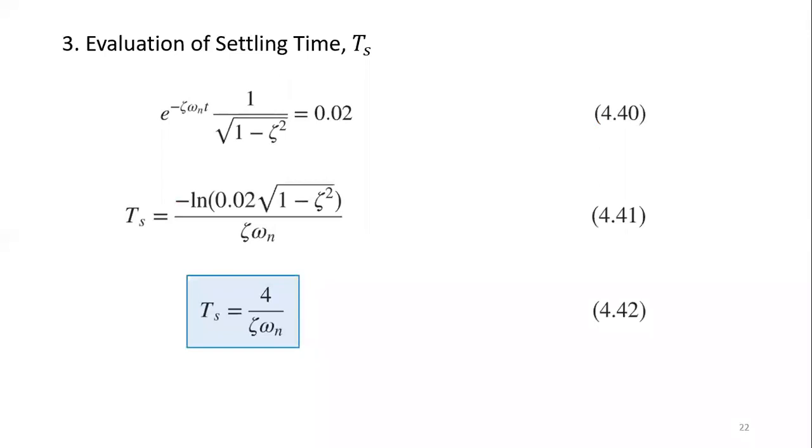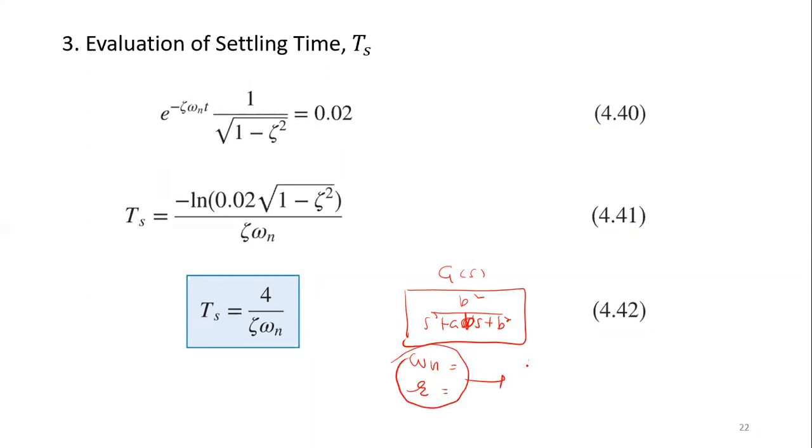So how is the settling time found? Again, you know a system and you know the transfer function. From the system, you know what the natural frequency and the damping ratio are. You are also able to predict the settling time, not find it.